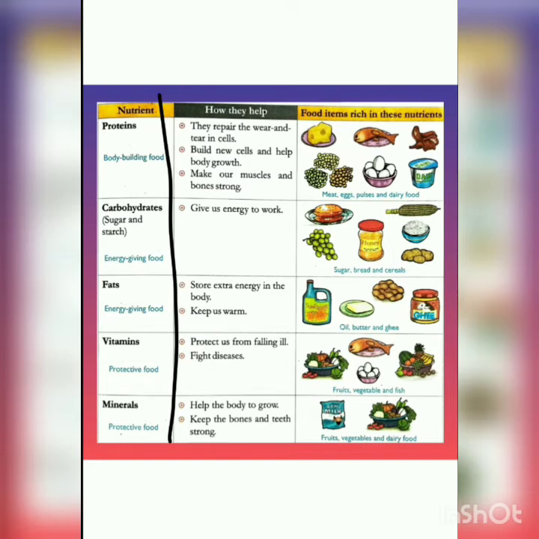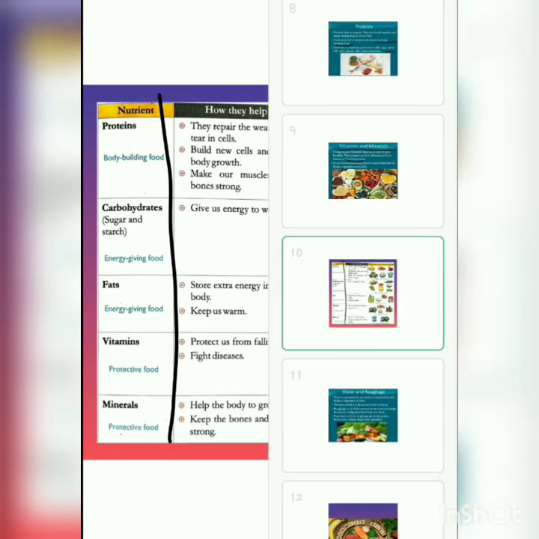They make our teeth and bones strong. Some minerals, like calcium, make our teeth strong. It is very important to have calcium in our body so that our bones do not become weak. So these are the 5 nutrients which are very essential to be included in our food, right?